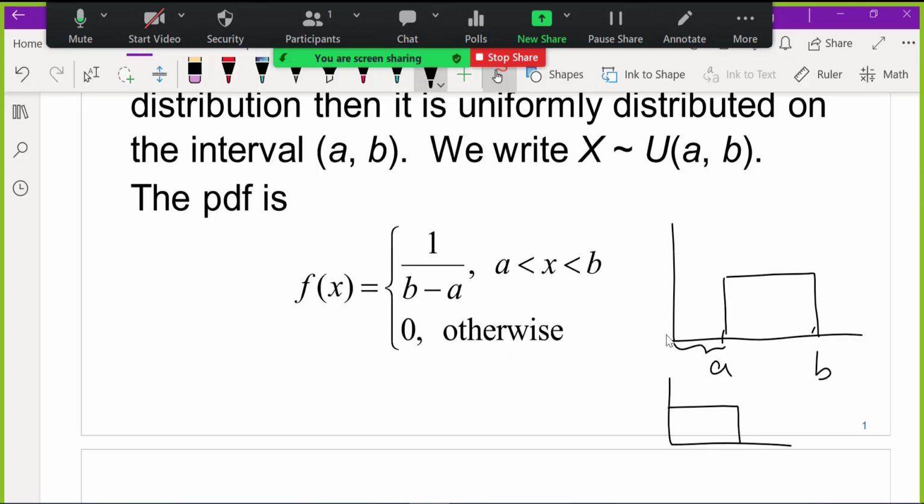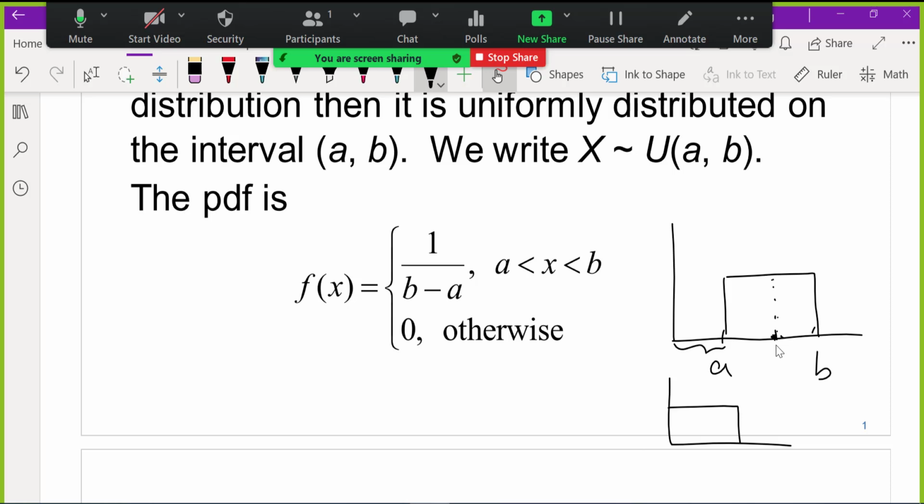So for this one, where is the center? Yes, the center is here, right? So not just B minus A, that's the range, right? So the center is here.